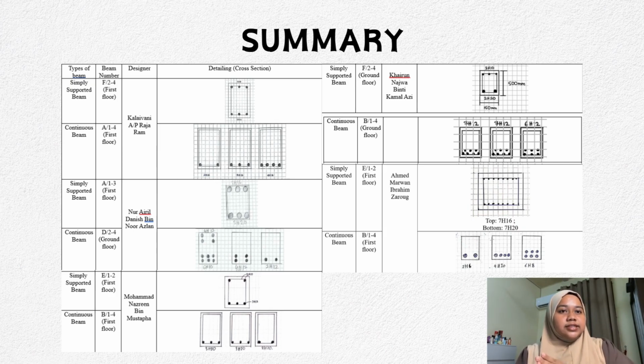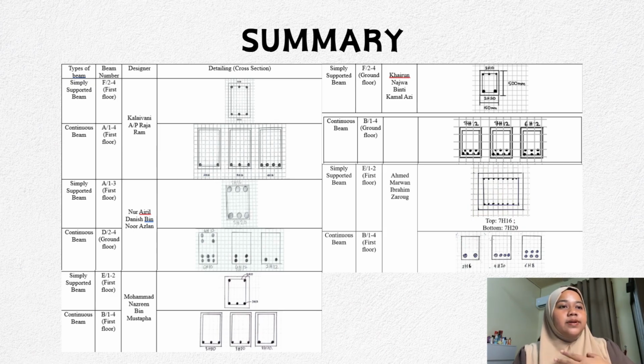The first cross section has top reinforcement of 4H12, and the bottom reinforcement is 6H10. The middle cross section is 4H12, and the last cross section is 2H12.